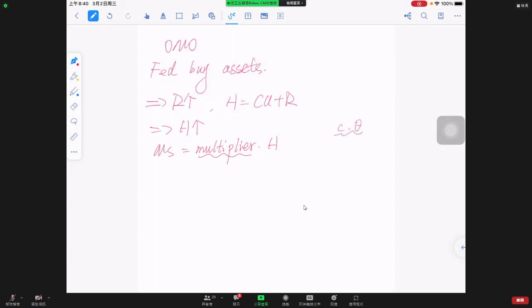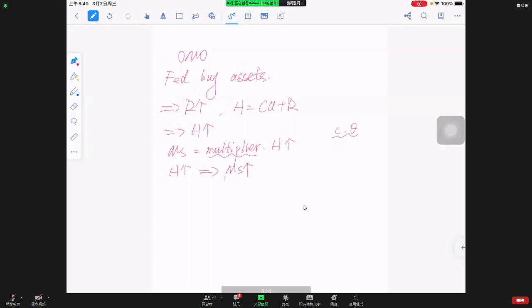And these two are determined either by preference or by the target of the central bank. So with unchanged c and theta, the multiplier remains the same. So H increases, leading to an increase in money supply. Okay. So first, money supply will increase.